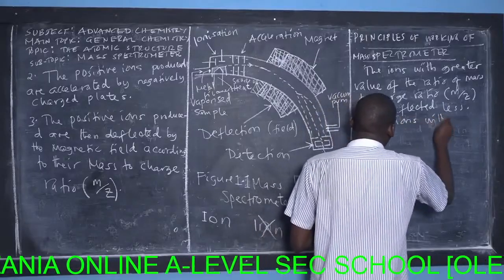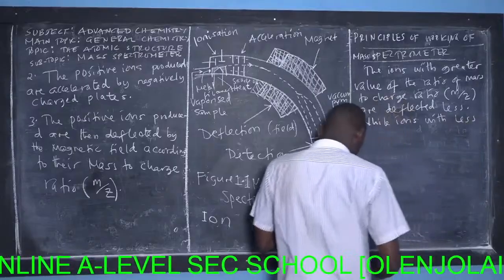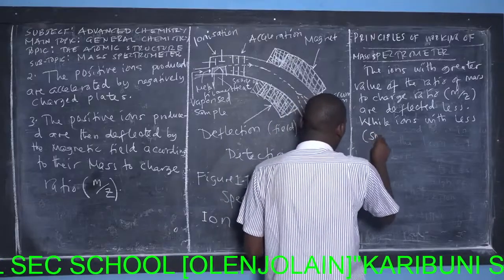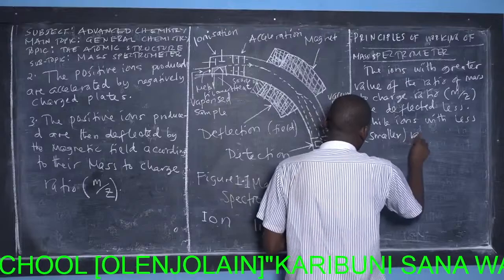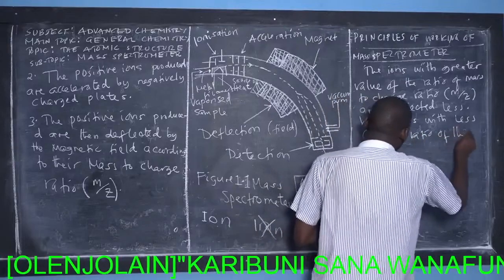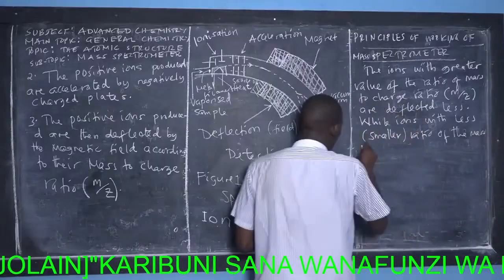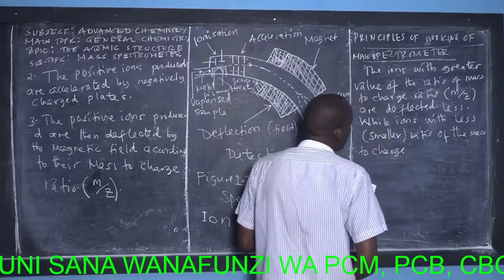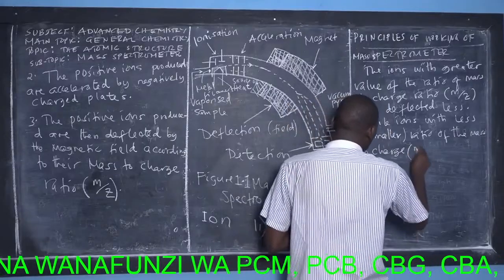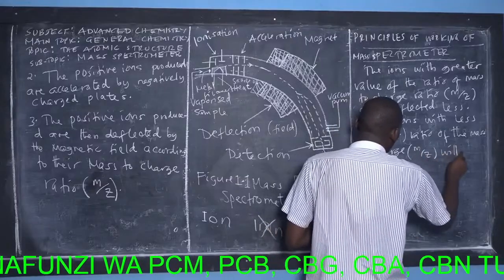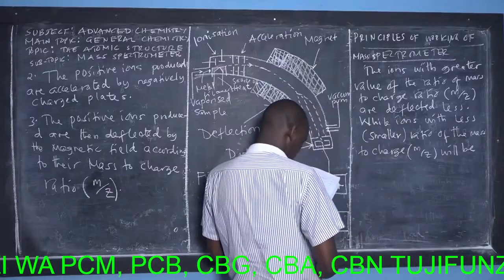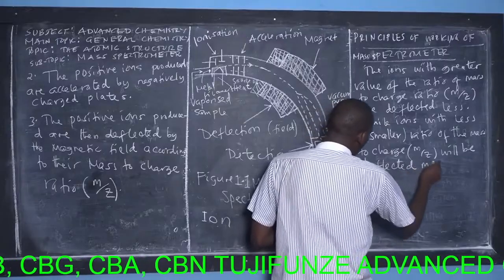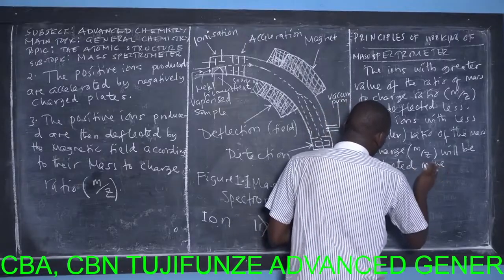Ions with a smaller ratio of mass to charge will be deflected more.